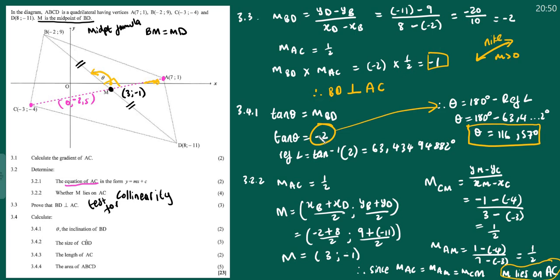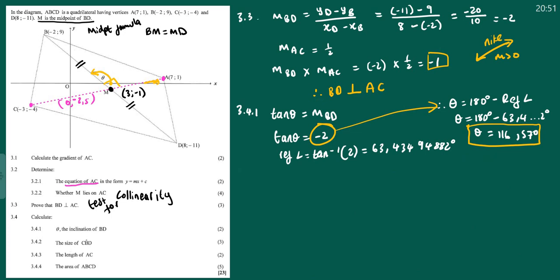But if the gradient is positive, you simply say theta is equal to the tan inverse of that positive number. Hope we're still together. If you have any question, please don't hesitate to ask. Then we move to the next one.